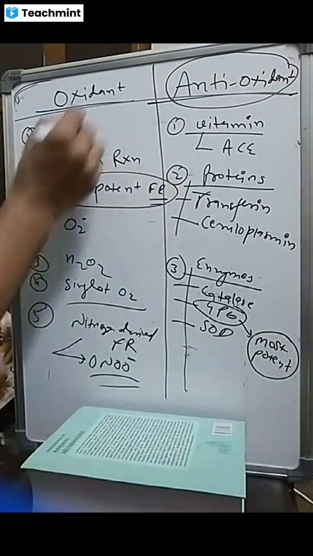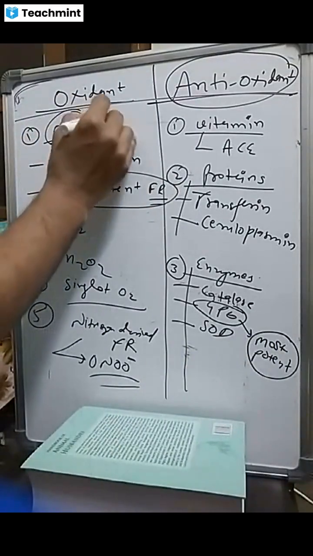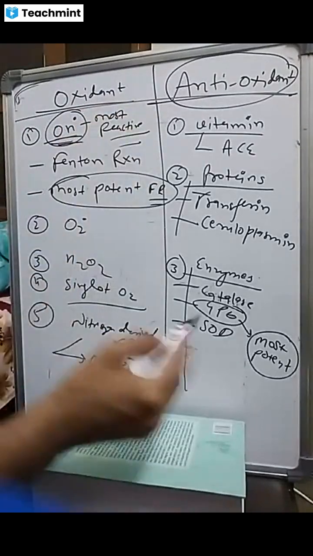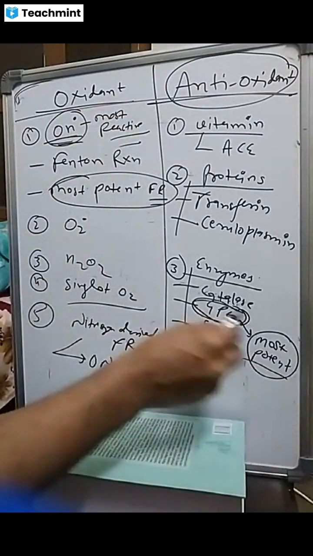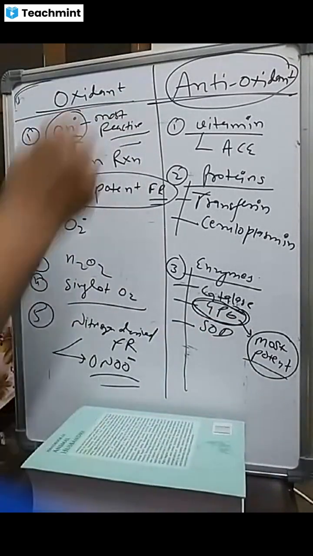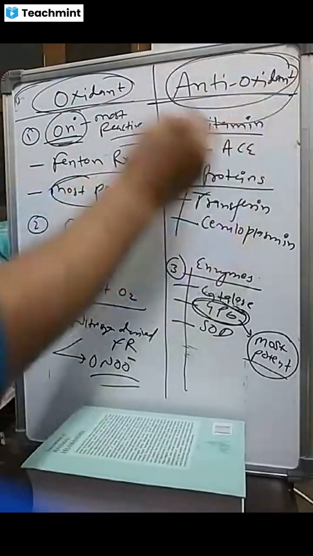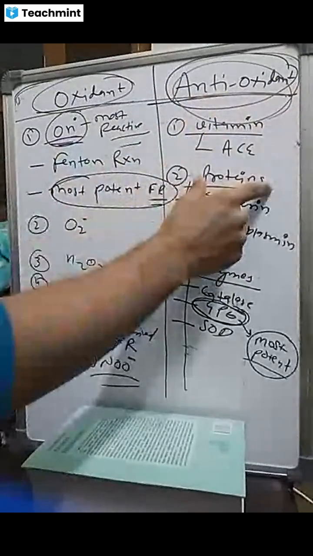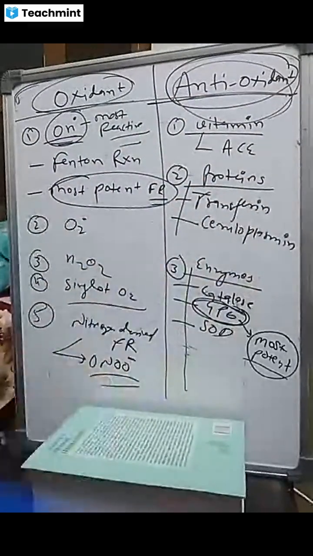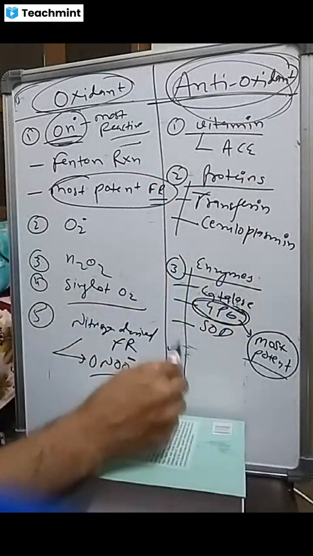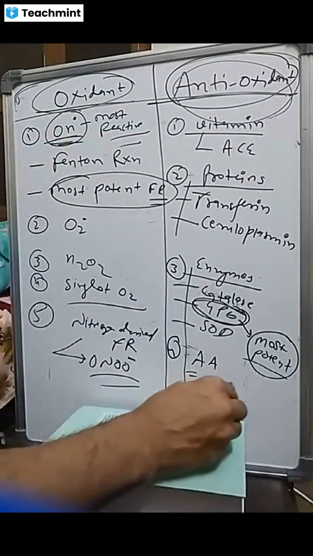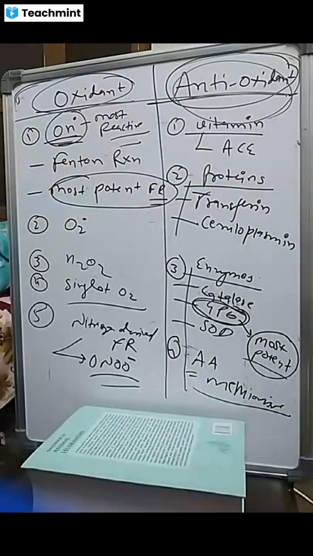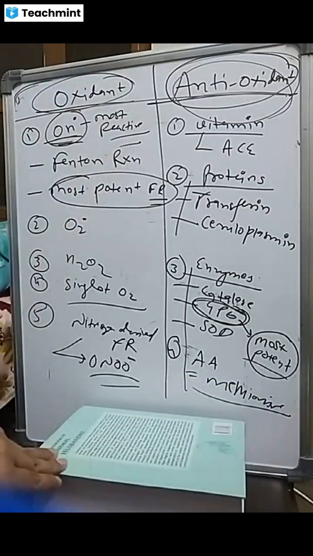The most potent free radical is the hydroxyl free radical, the most reactive. These are the oxidants and their scavenging systems: vitamins, proteins or enzymes. There are also some amino acids like methionine present to scavenge these free radicals.